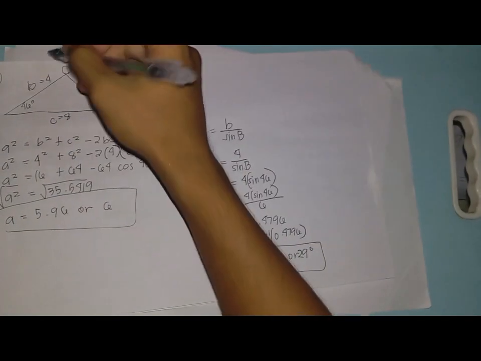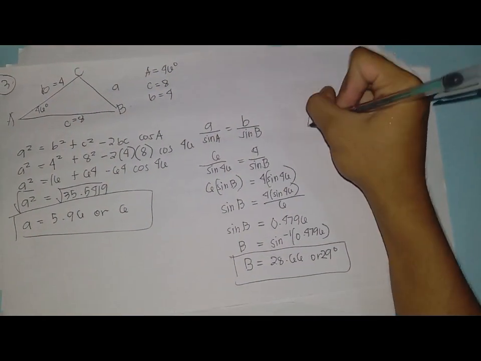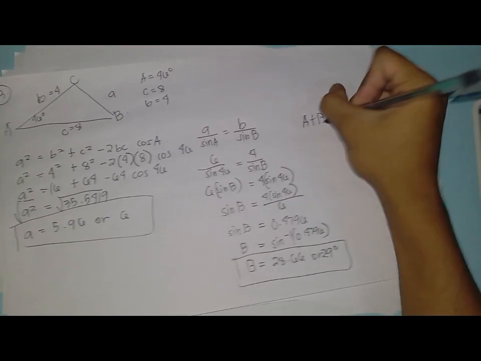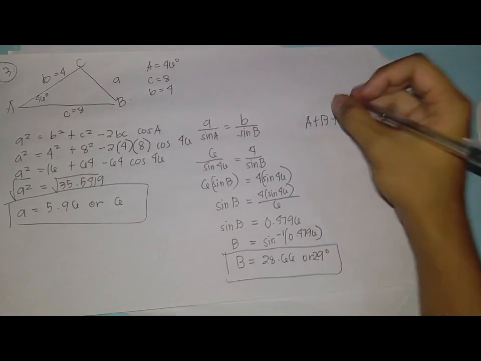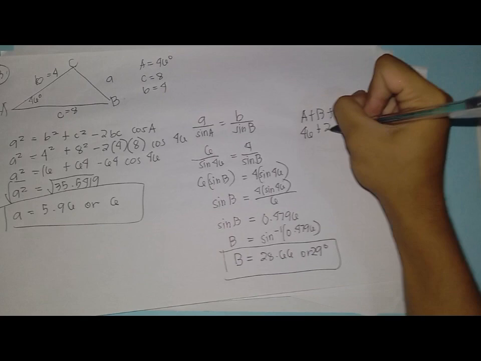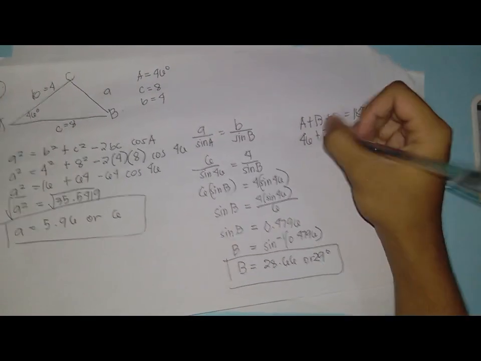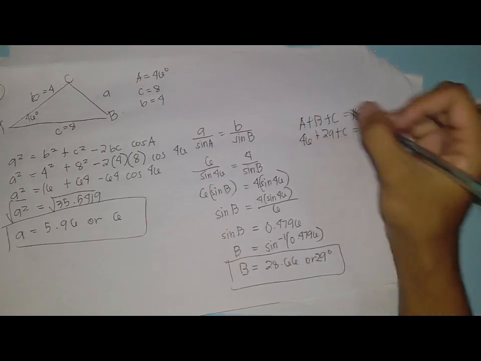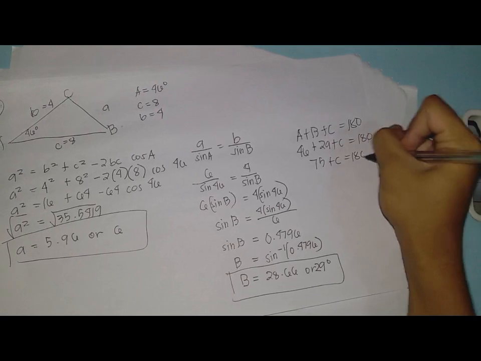So we are going to find now the last angle, which is C. So A plus B plus C is equal to 180. So we have here A is 46 plus 29 plus C is equal to 180. So 75 plus C is equal to 180.